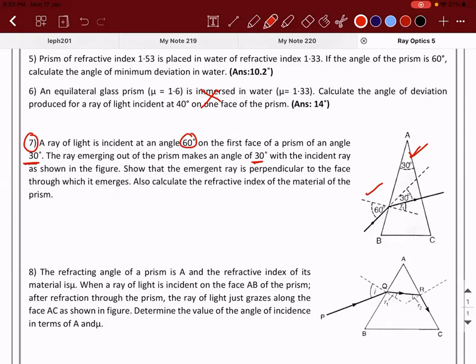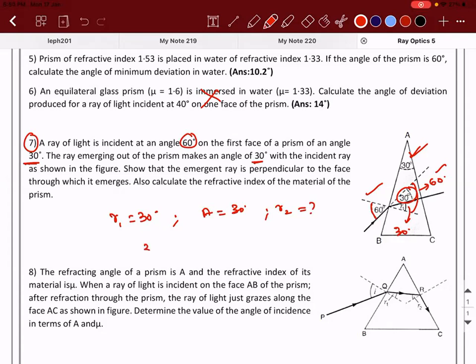Anybody who cracked it? It's very simple. See, if this angle is 60 degrees, the vertically opposite angle is also 60 degrees. If this is 60 and this is 30, this will also be 30. So R1 is 30, A is 30, and R2 is what we need to find.